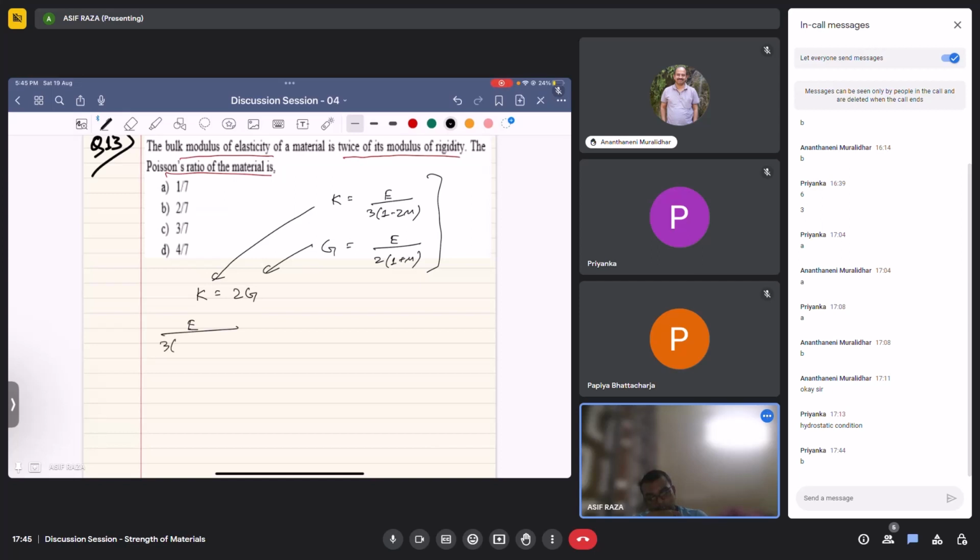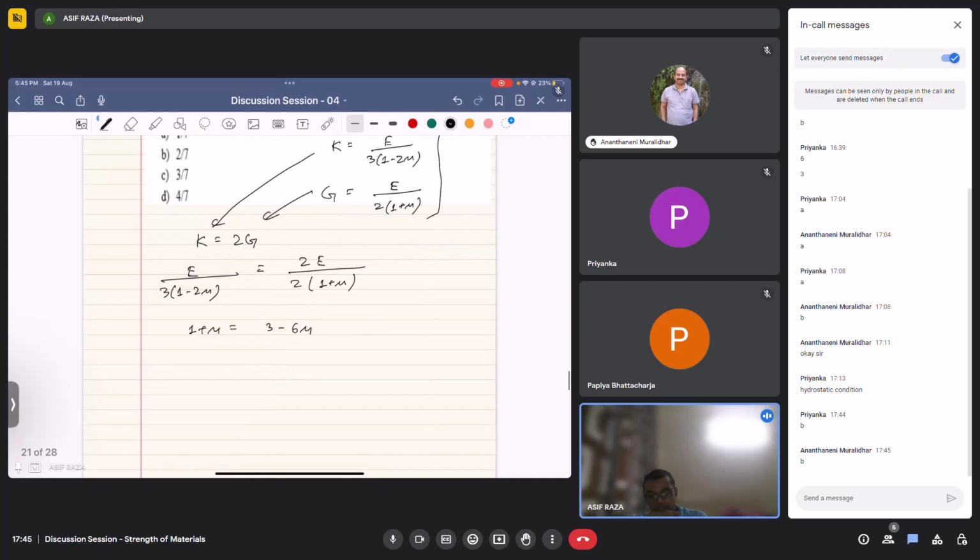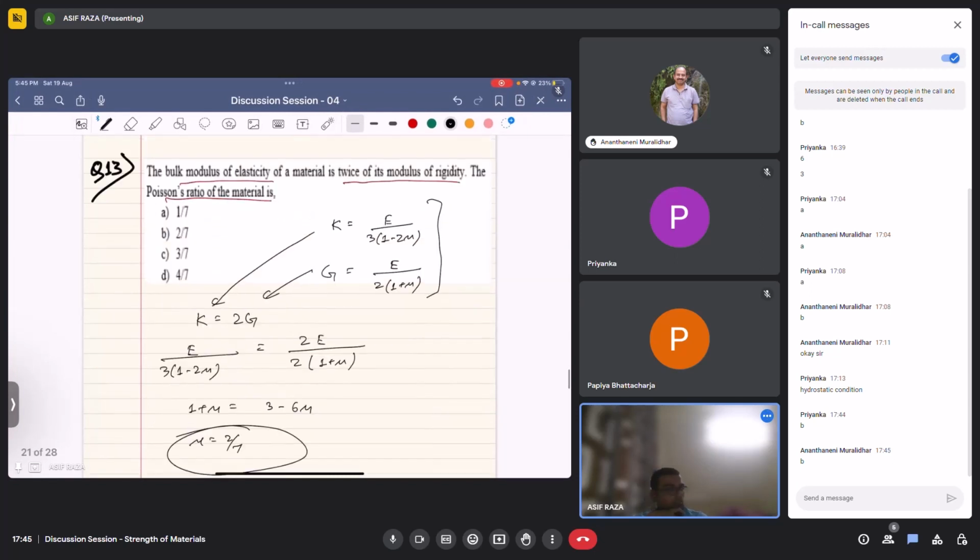E upon 3(1 minus 2 mu) equals 2 times E upon 2(1 plus mu). So E cancels out, 2 cancels out. So that is 1 plus mu is equal to 3 minus 6 mu, and this will be 7 mu equal to 2. So mu equals 2 by 7. Yes. Nice. So the answer is option B.